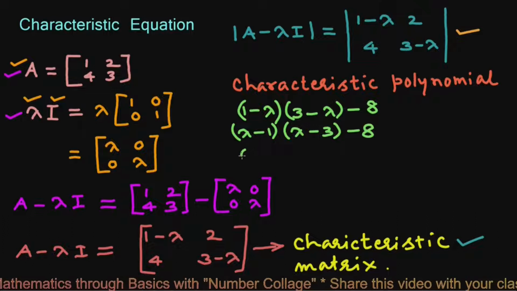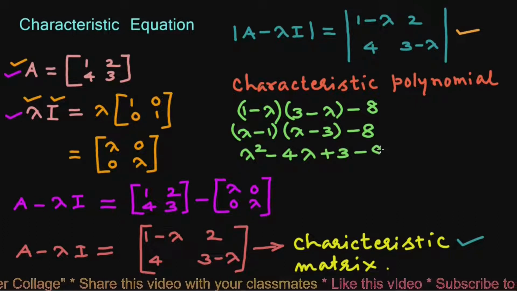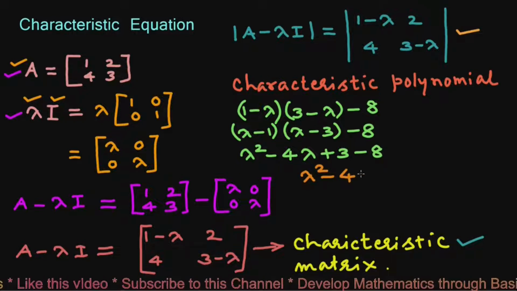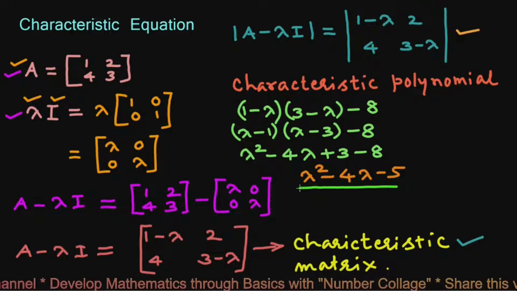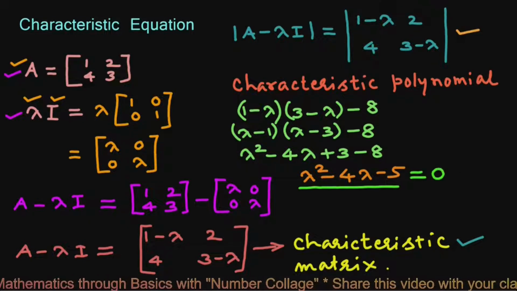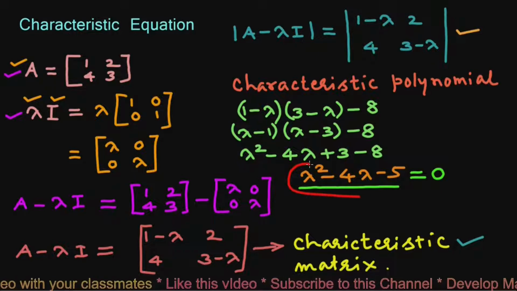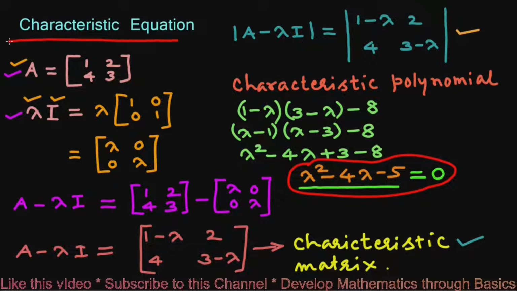That will be lambda square minus 4 lambda plus 3 minus 8, which finally will be lambda square minus 4 lambda minus 5. Now if we equate this characteristic polynomial to 0, then the equation that we get, lambda square minus 4 lambda minus 5 equals 0, is known as characteristic equation.